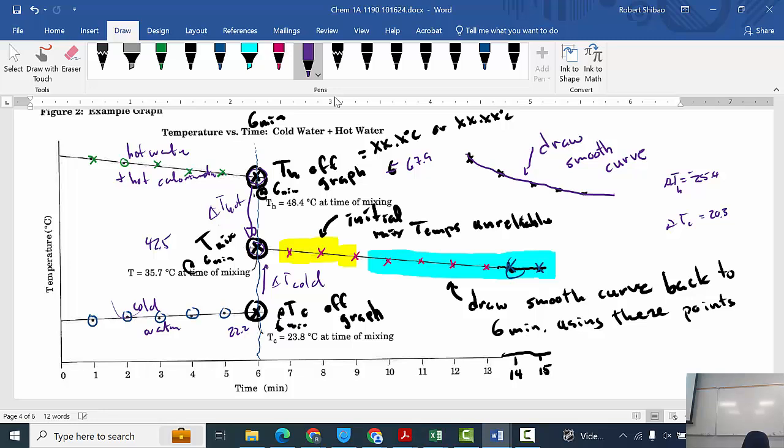Like, if you had 100 degree water and 50 degree water, it should mix at 75. It's a 50-50 mix. But in this case, you have a calorimeter that's hot and hot water.